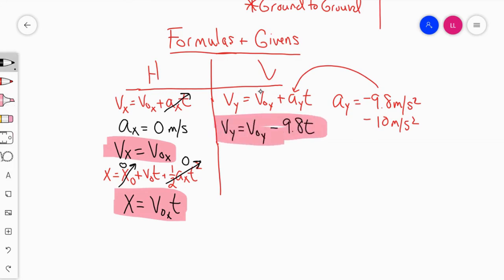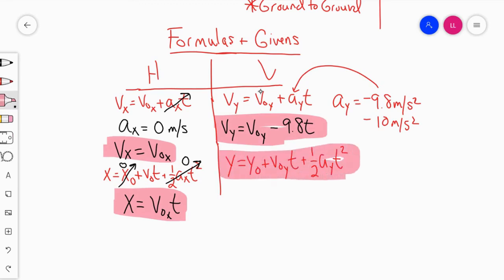the strategy, okay? The next important one is the position equation, just like we did in the x direction, okay? And here's the thing about this one. Right now, you can't get rid of anything, right? And you have to address this specific question, okay?